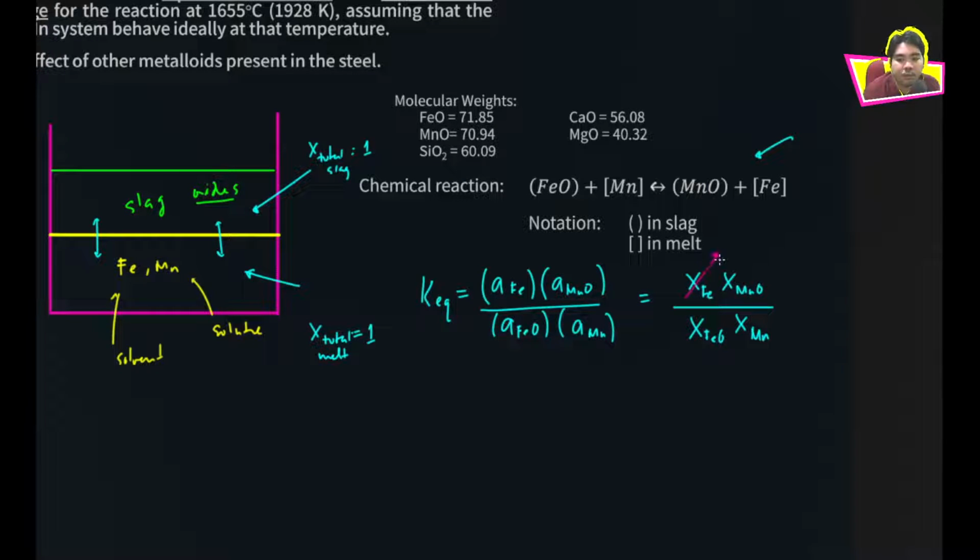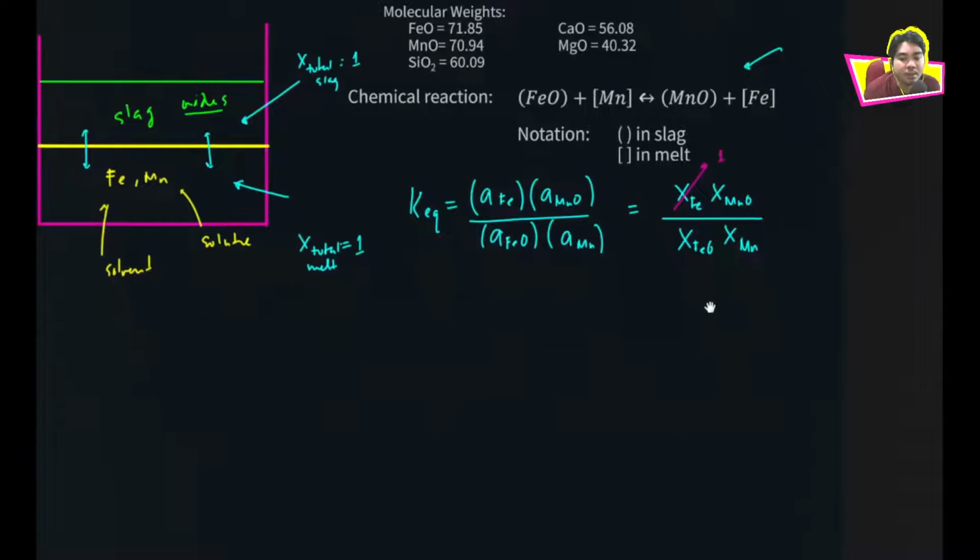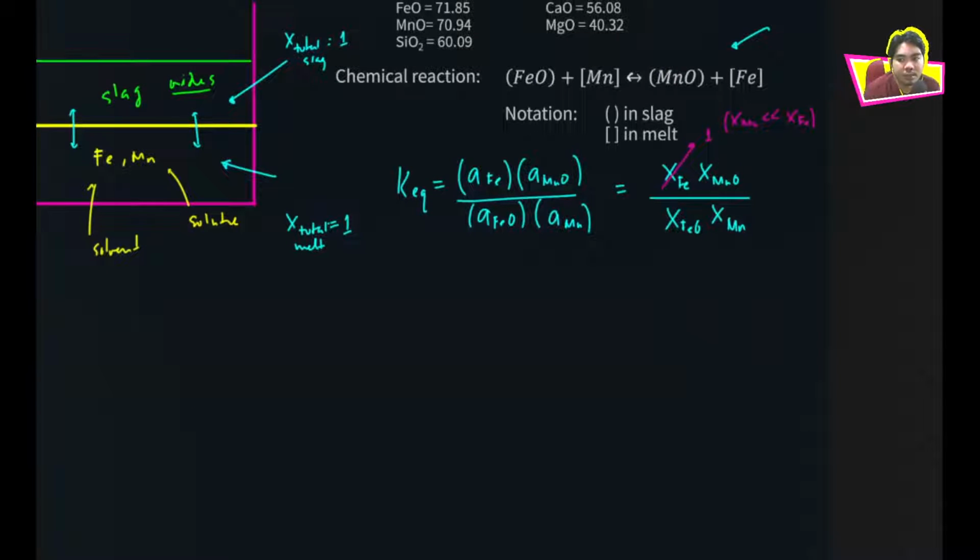We can assume na equal to 1 lang siya, no? Because it's very small. Yung XMn natin is very much smaller than yung XFe natin. Okay? So, we can just assume that to be equal to 1.